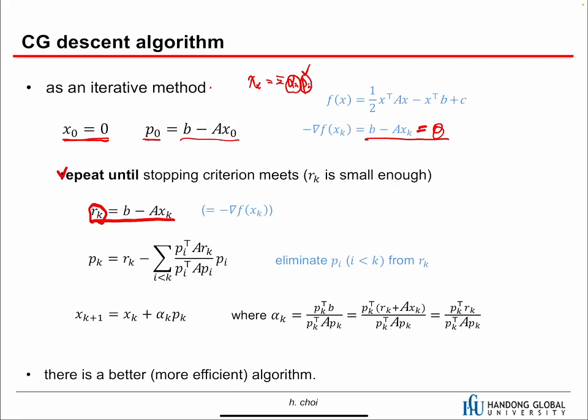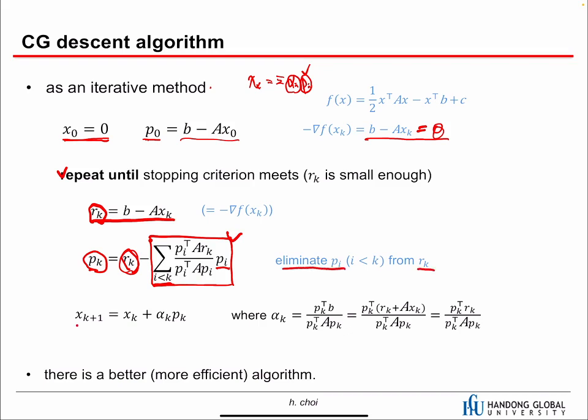That's r sub k. And p sub k is r sub k minus the previous conjugate components. When calculating p sub k, we have p sub i where i is smaller than k. In r sub k we have lots of components, and we are eliminating p sub i from r sub k.